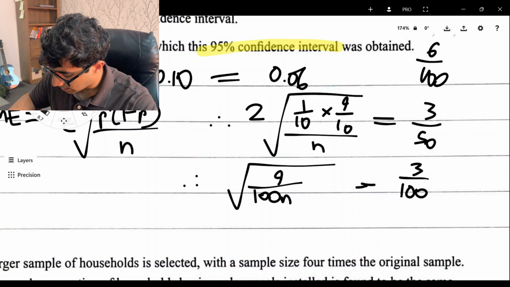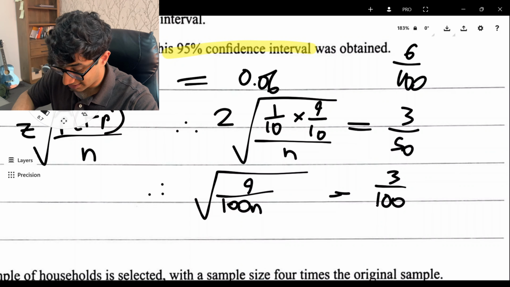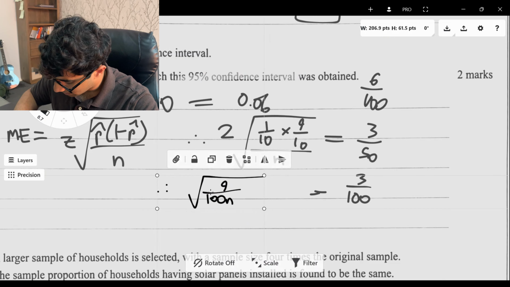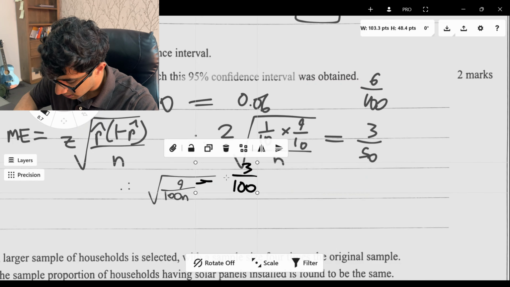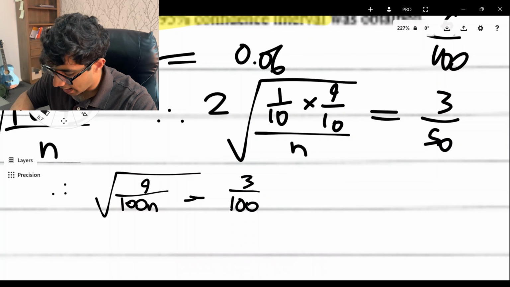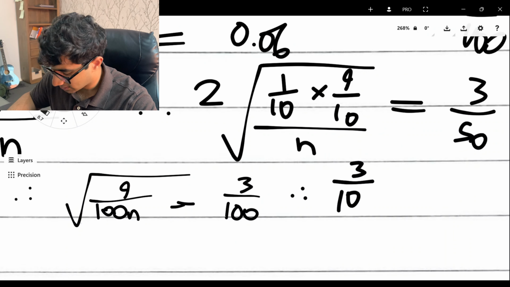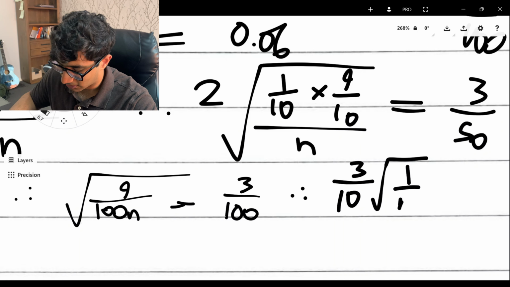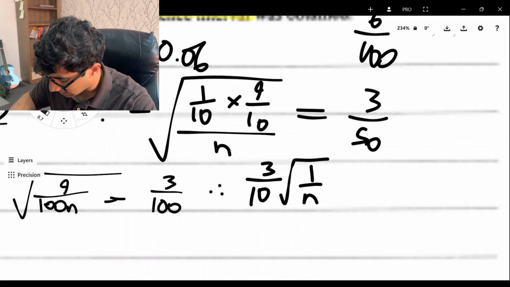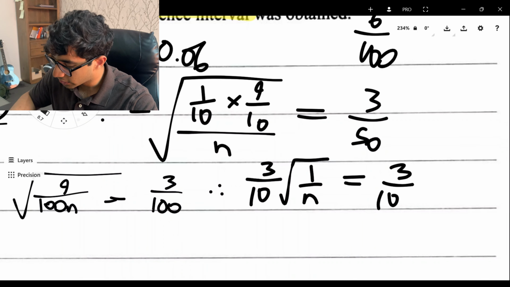Okay, and yeah, all we need to do now is just solve this, okay? So I just want to make sure I have enough room to do that. If I simplify out the left side now, I should get 3 over 10 times 1 over root n. I know it's looking a little bit funky, but stick with me. 3 over 100, okay?